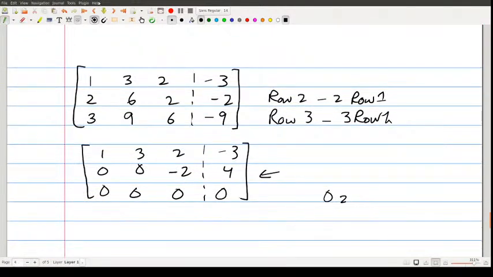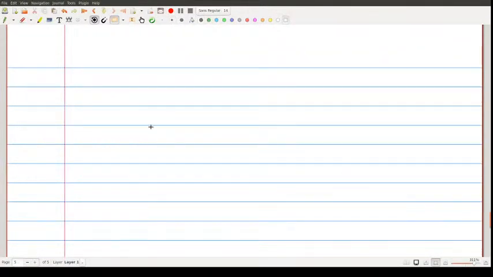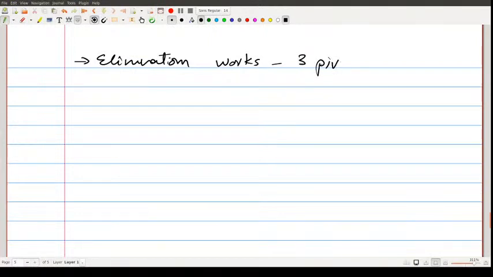Right. No longer need this, I can just delete this right here. Okay, so we saw 3 cases today. The first case we saw in a 3x3 system, we said elimination works. We get 3 pivots and we get a unique solution, right?